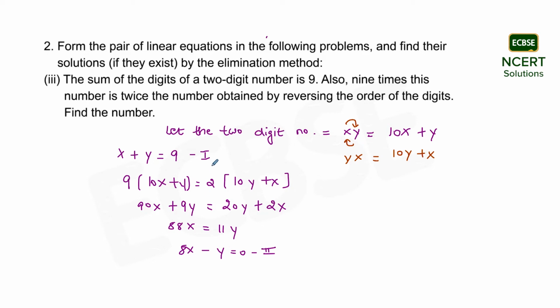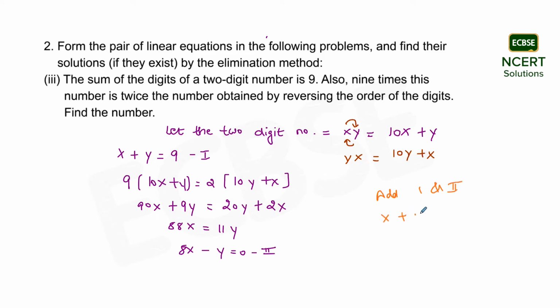Looking at the first equation, the coefficient is 1 and in the second it's minus 1. As the numerical value of the coefficient is the same, that is 1 and 1, what we need to do is add the first linear equation to the second linear equation. So add 1 and 2, right?